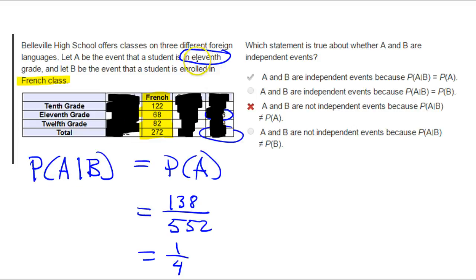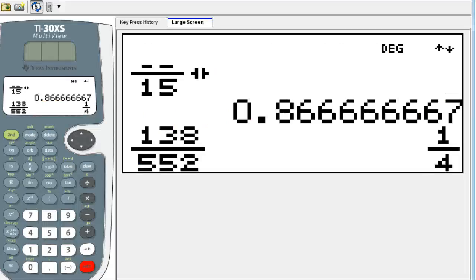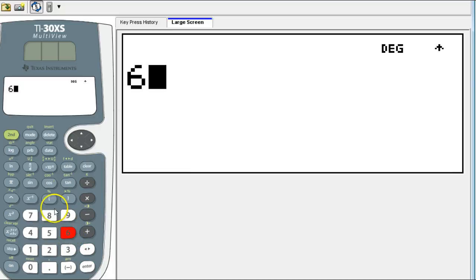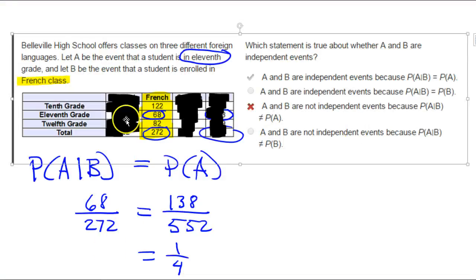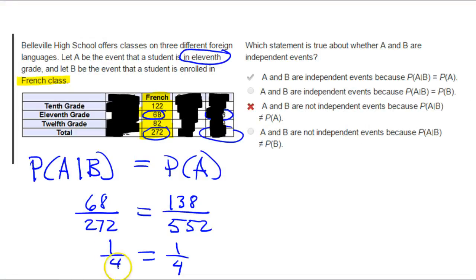Remember, event A was 11th grade. So here's 11th grade right here. When we do target over total, the target is 68, but the total in this French universe is 272. Let's reduce this. And that's 1/4. Because those are equal, you know that those events are independent.